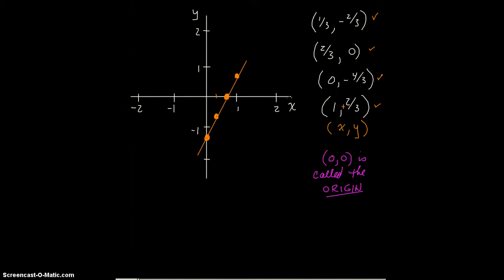Good. Let's take another look at this equation for just a minute. Our original equation was y is equal to 2x minus 4/3. This is a view of an equation, a linear equation, that's in the form y, we say it's in the form y equals mx plus b.